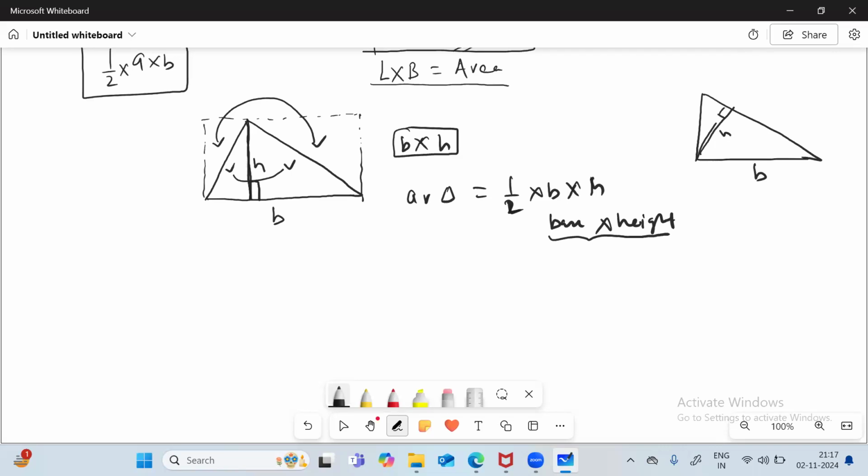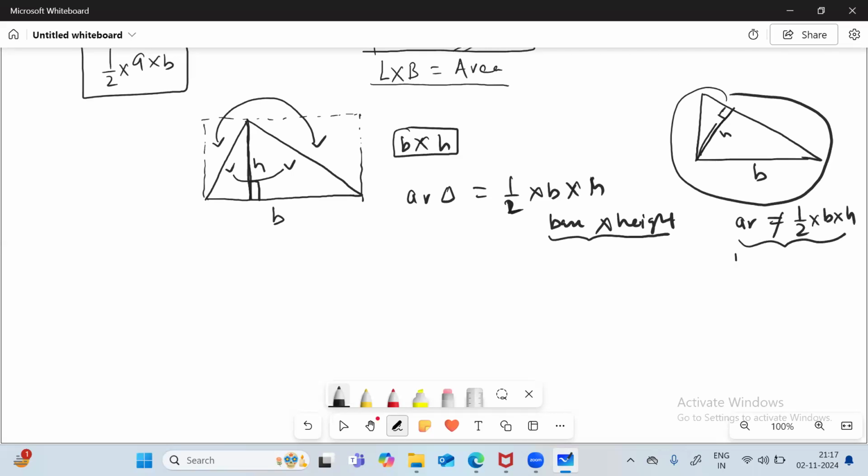Any height is H in a triangle. But for this triangle, the area will not be equal to half into B into H. Why? Because B and H here are not corresponding to each other.